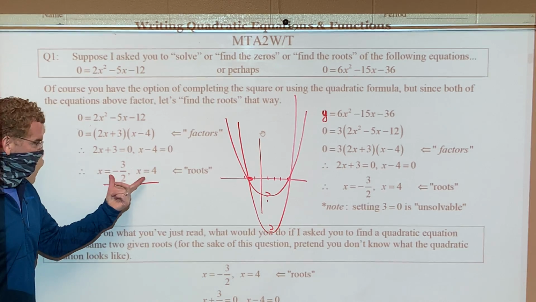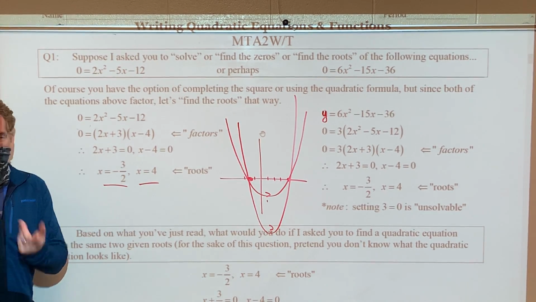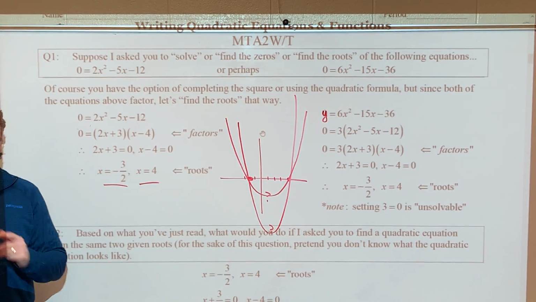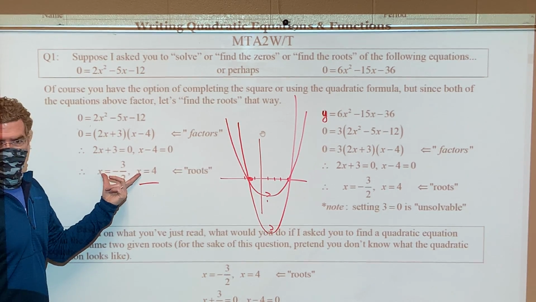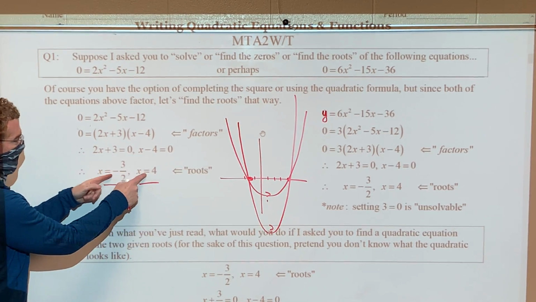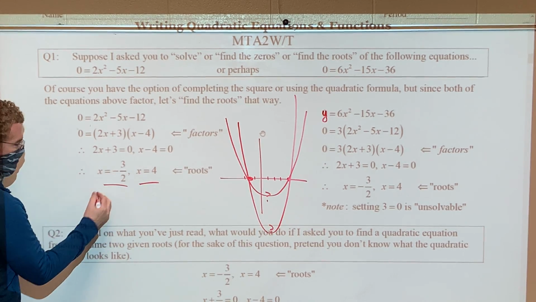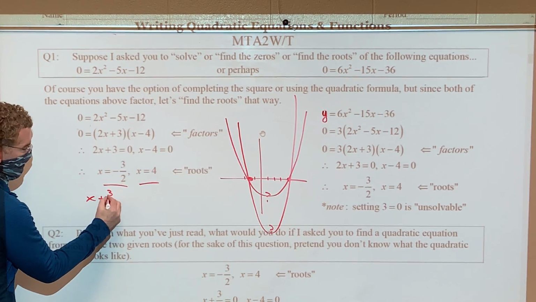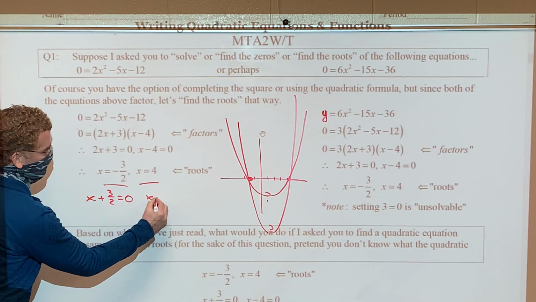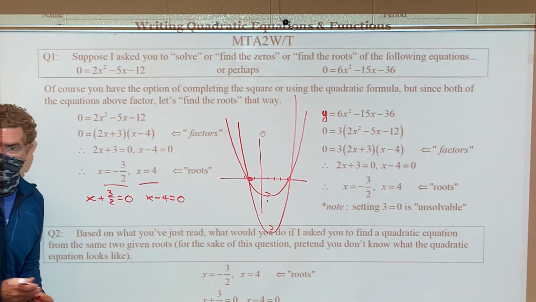I would take these solutions. If I told you that -3/2 and 4 are solutions, well, then that means they're x values, which means I can subtract them from x, right? Now, if I subtract both of those from x, I'm going to get this, right? Are y'all with me?